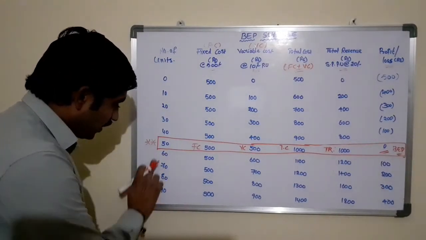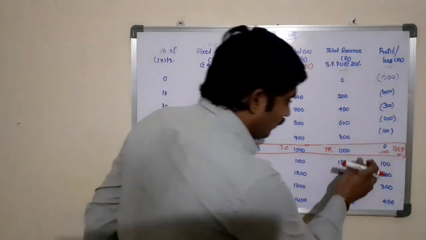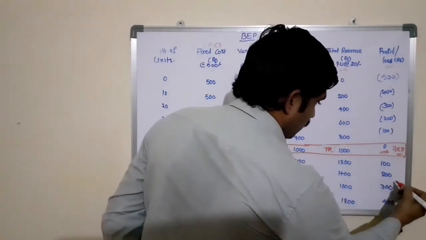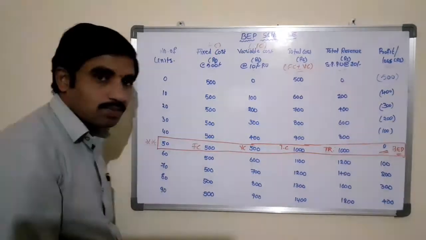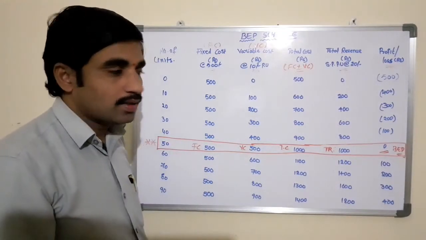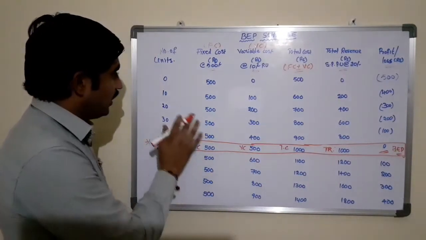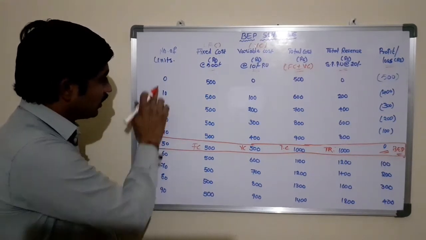After the break-even point, at 60, 70, 80, 90 units, we are generating profits of rupees 100, 200, 300 and 400 for the corresponding number of units produced and sold in the market. So if you observe the schedule, until we reach the break-even point, we are incurring losses.